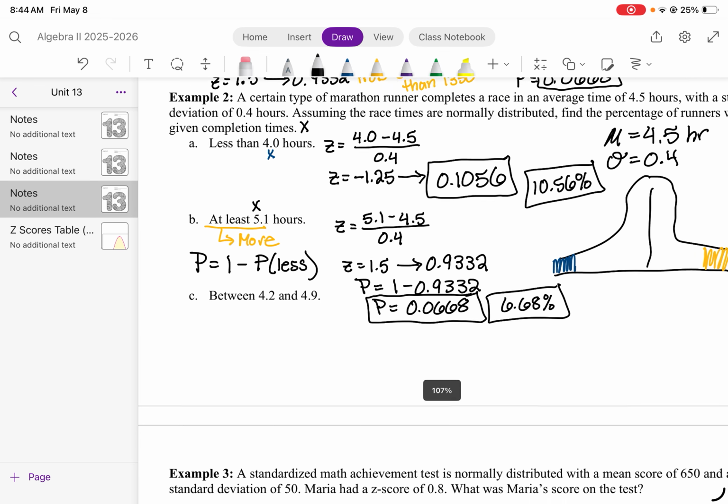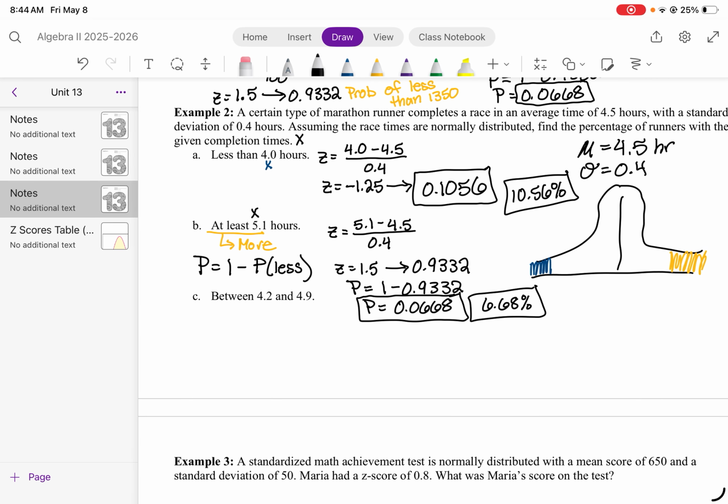Okay, so then our next one, we need between 4.2 and 4.9. So when we find the probability, it's going to be the probability of getting less than 4.2 and then less than 4.9. And we need everything in between them. So we're going to find the probability of the 4.9. Let's say it's up to this point over in our curve.